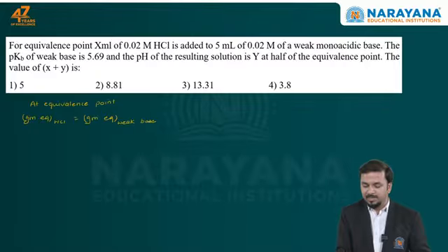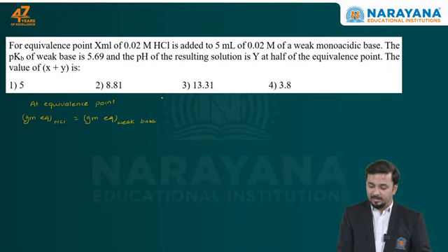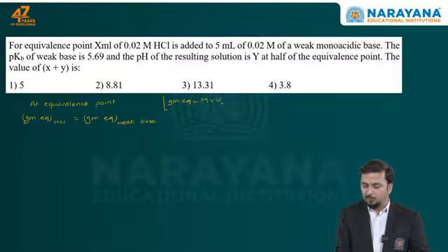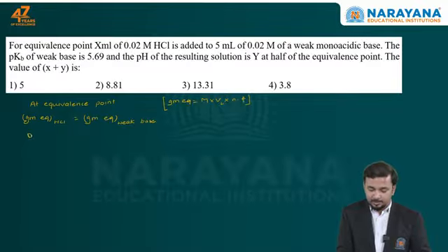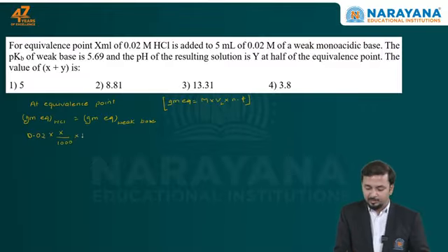Now we know gram equivalent will be molarity into volume into n factor. Let me write over here. Gram equivalent is equal to molarity into volume in liters into n factor. So gram equivalent of HCl is 0.02 into x upon 1000 into n factor, which for HCl is 1.